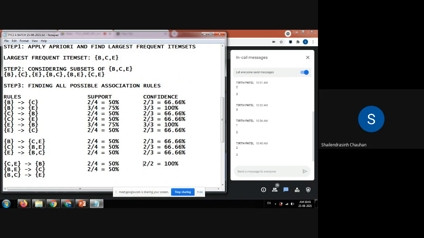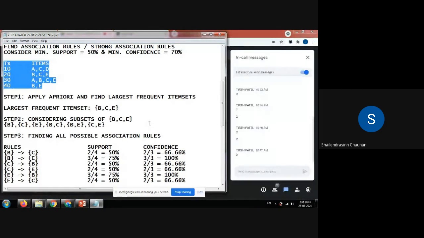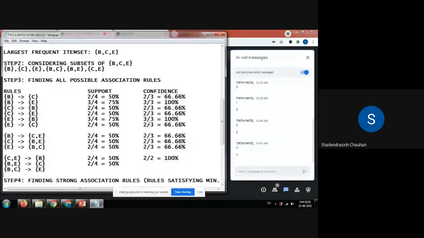Now confidence. How many transactions are having B and E together? B and E together. Three. And out of those 3, how many are having B, E, and C also? 2. So it will be 2 by 3. Great.